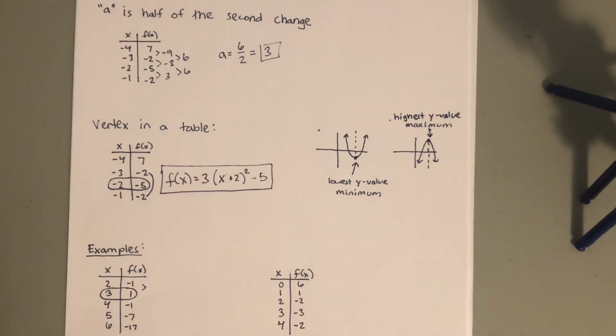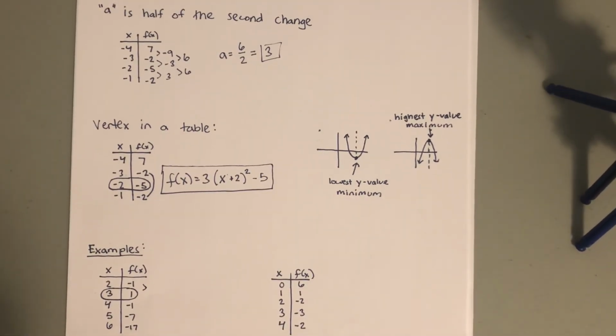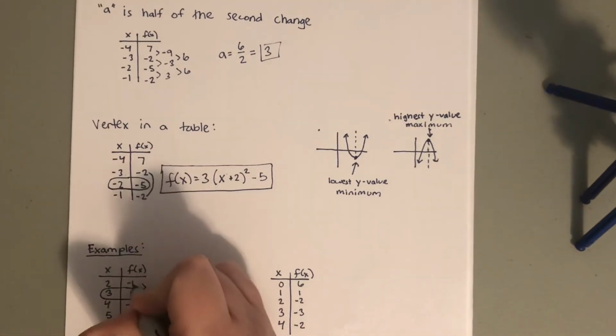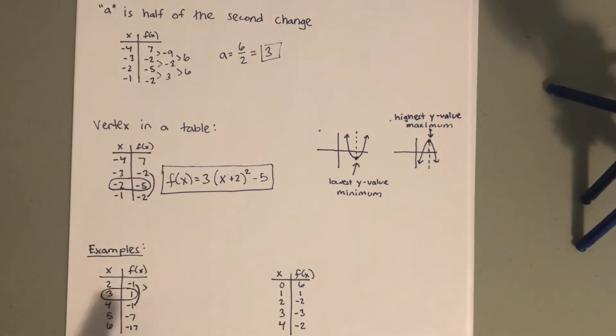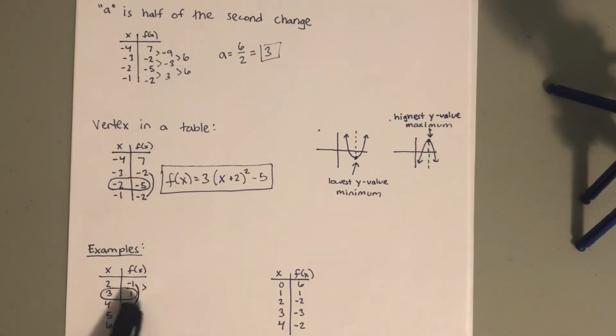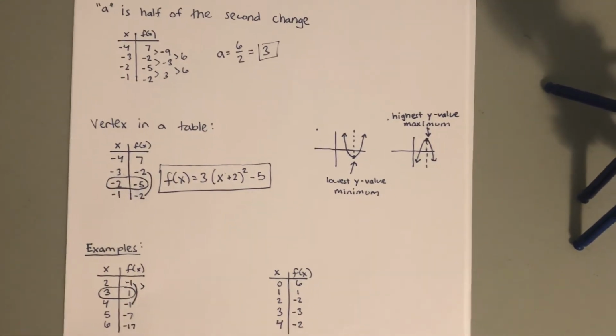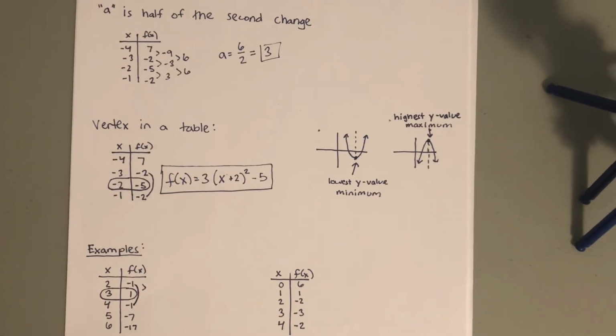Okay, so that's a way that you can identify the vertex pretty easily: look for the thing that is one number with the same number on either side of it. You can find that by connecting these two -1s and then knowing that that is in the middle of what you connected. It's like the center of the rainbow. So that's our vertex.